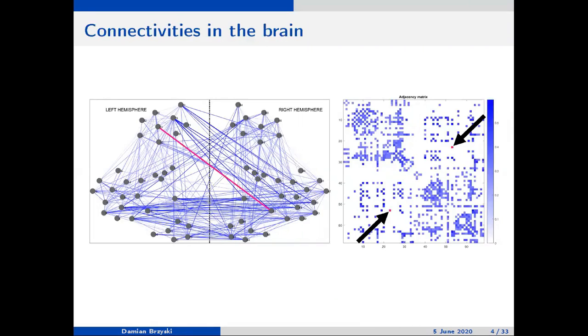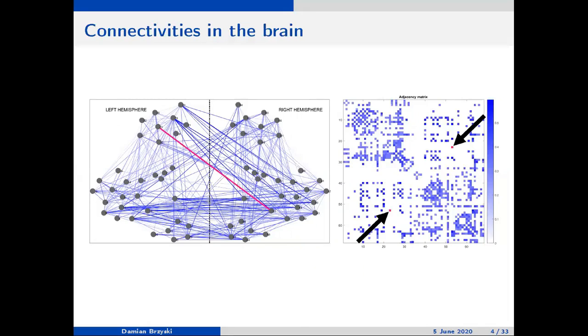And what is important here is that you can also describe this information in the equivalent form by using a matrix, something which is called the adjacency matrix. How can you do that? In the graph representation, each node represents a brain region, and each edge represents a connection, and you also have numbers representing the edges.